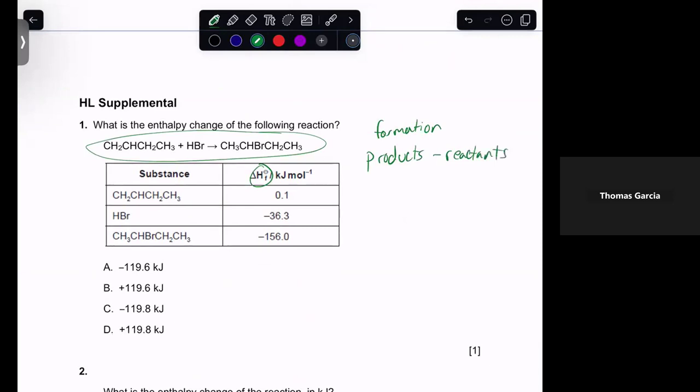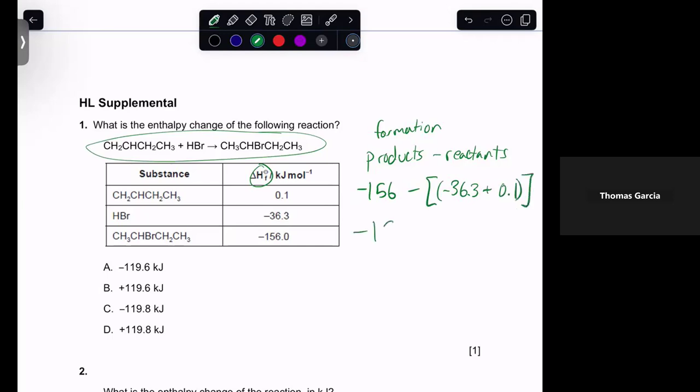So our products is negative 156 minus our reactants, which in this case is going to be negative 36.3 for hydrobromic acid plus a 0.1.